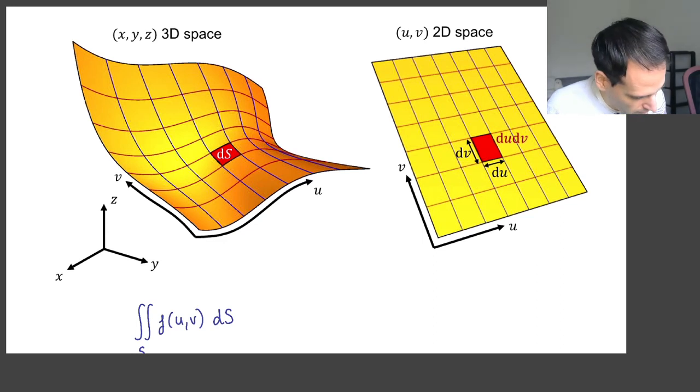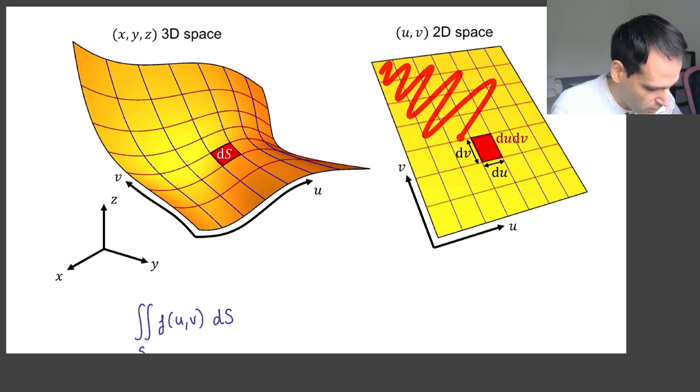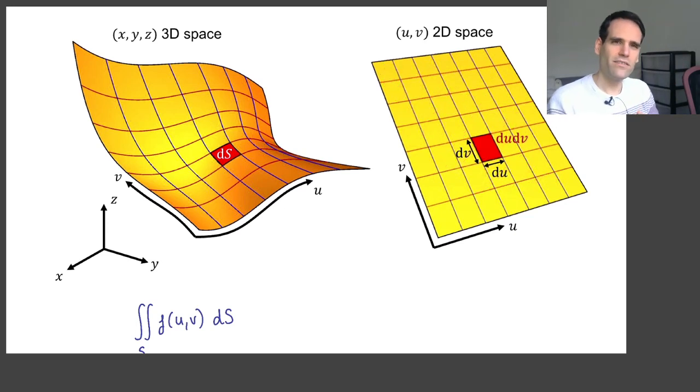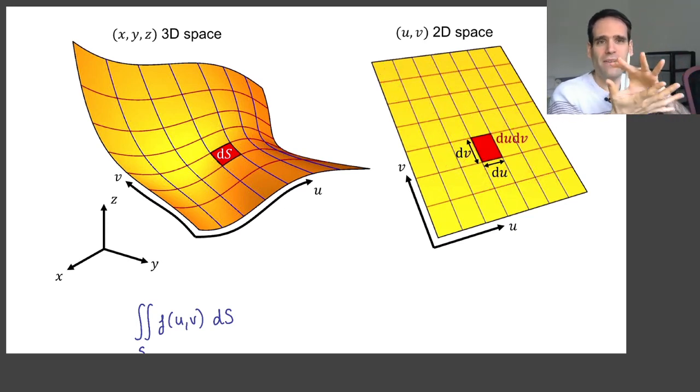So now each point in parameter space is associated to a certain point in real space, okay? So what we do is, we do the integral on this parameter space, on the u and v plane, and therefore this is a flat domain, so we can apply everything that we learned in the previous chapter.